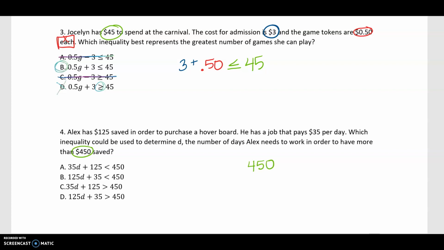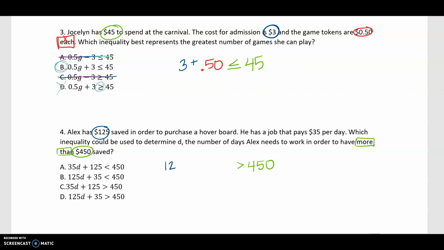And it says to have more than. So more than means greater than 450. So we're not talking about equal to because it says more than. We got to pay attention to our keywords. So he already has $125 in his bank account.